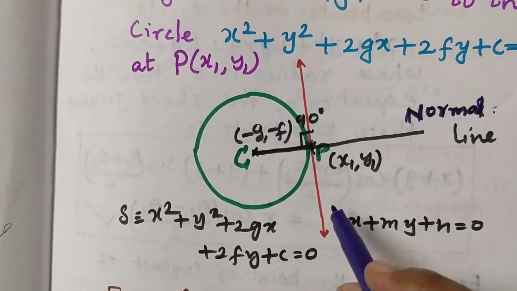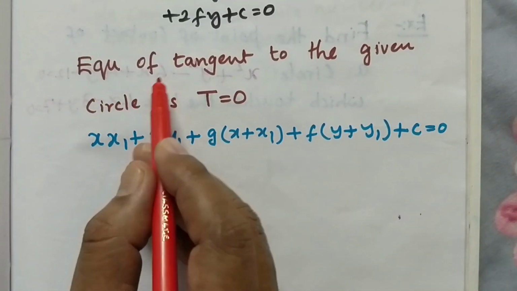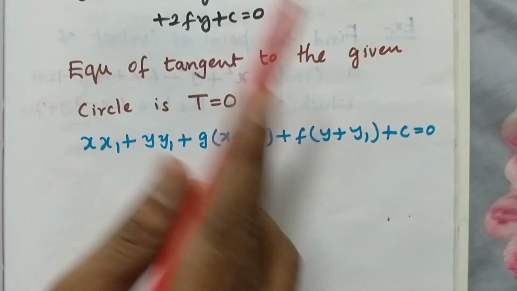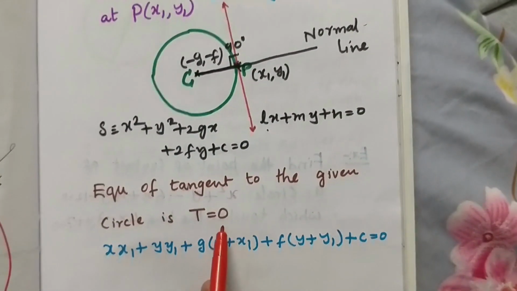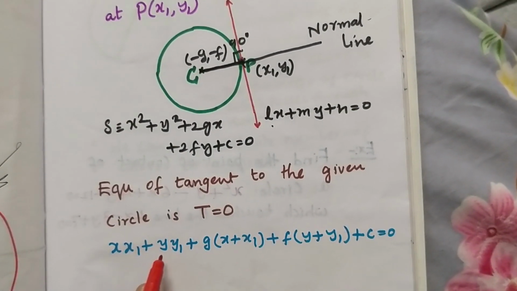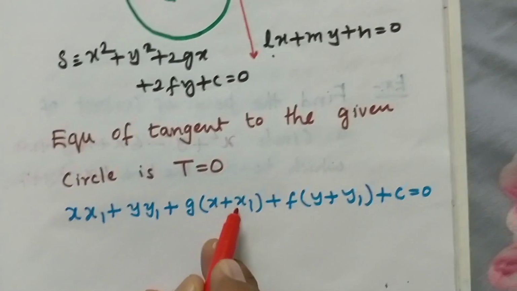Equation of tangent to the given circle is T is equal to 0. That, you know, is x x1 plus y y1 plus g of x plus x1 plus f of y plus y1 plus c is equal to 0.